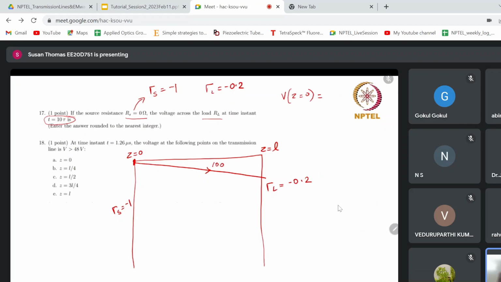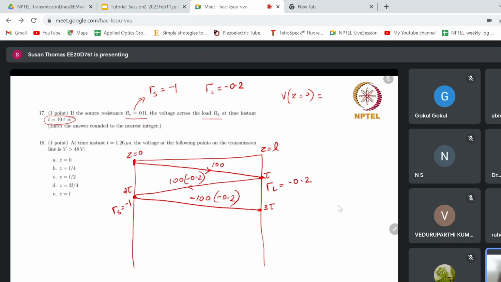The voltage will be 100 volt. There is no voltage division, so it is directly 100. Now, at tau there is a reflection from the load end. After reflection, this becomes 100 into minus 0.2. Again, at 2 tau reflecting from the source end, this becomes minus 100 into minus 0.2. And we reach here at 3 tau.